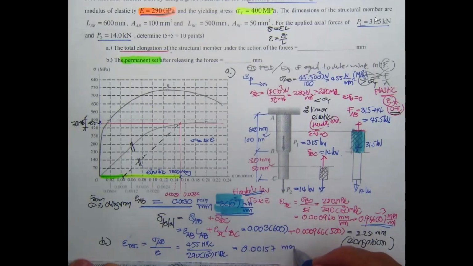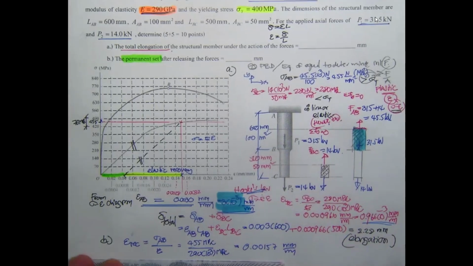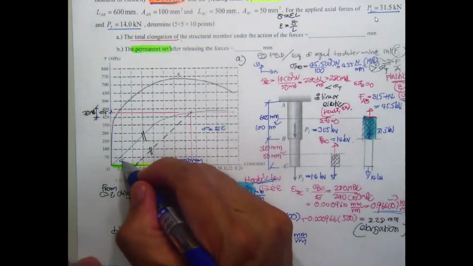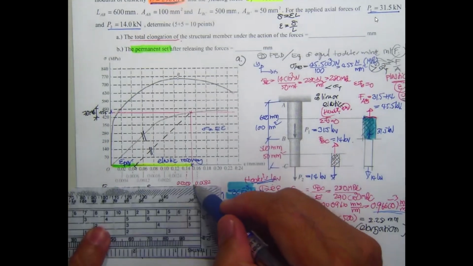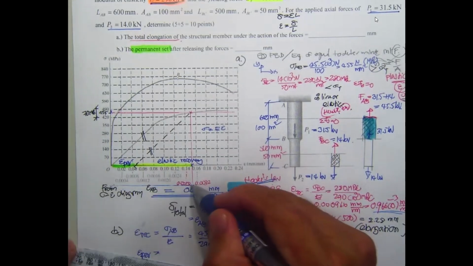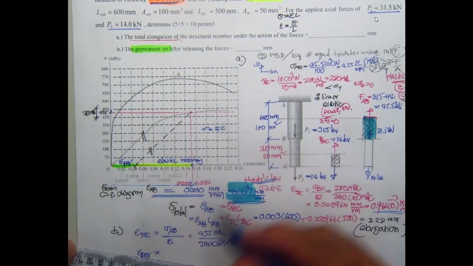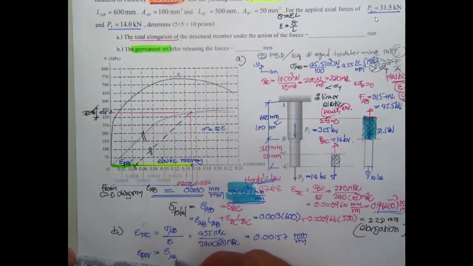You should get the strain recovery equal to 0.00157 millimeter per millimeter. Then this is strain permanent. Strain permanent will be the whole strain that we have, strain sub AB, minus strain recovery.